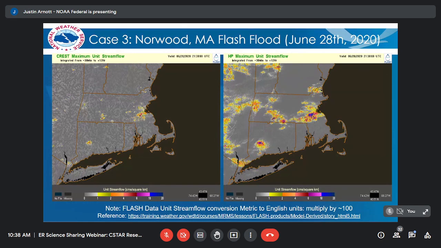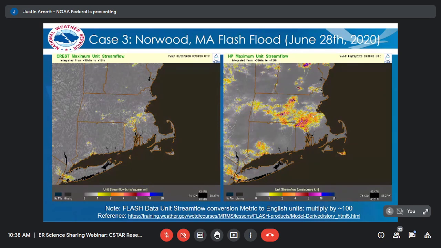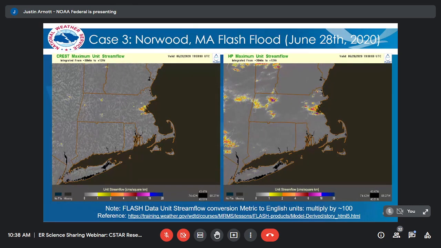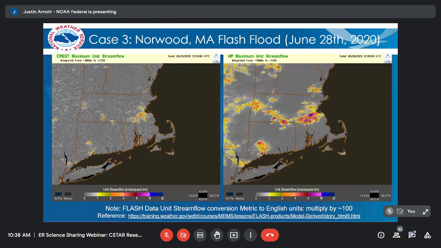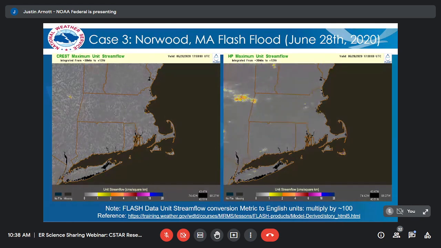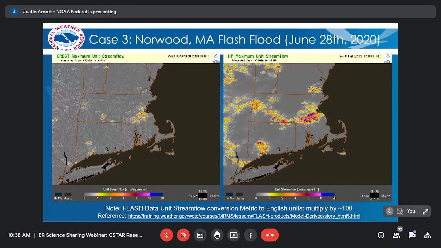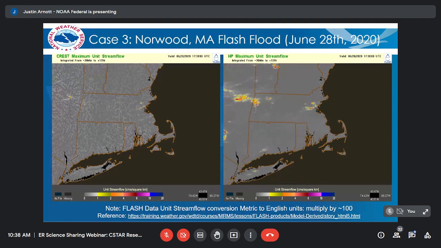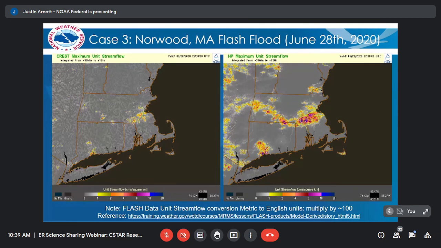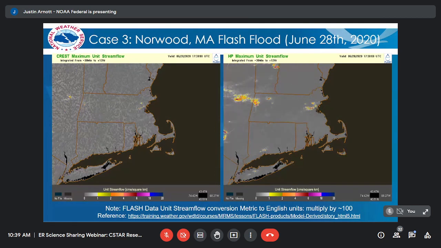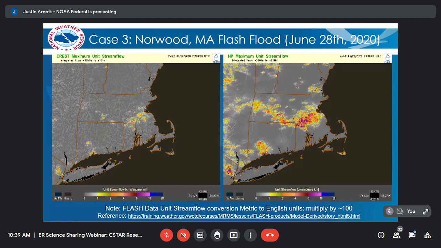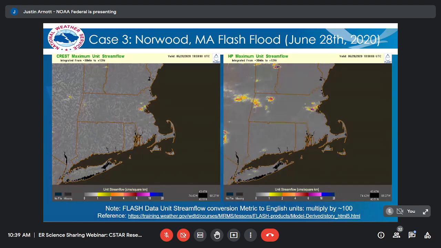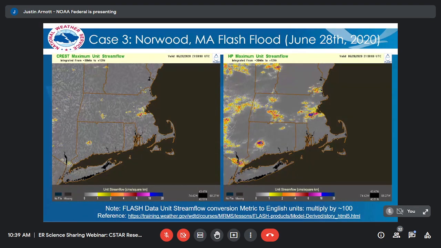That's kind of where Norwood is, and you can see how this is really a cold pool induced event, enhanced by the sea breeze boundary. So that's why it's so important to maintain situational awareness, and have the meso analysts very focused on identifying the potential boundaries and where they could stall, because that would be the area to really focus on for the potential flash flooding.